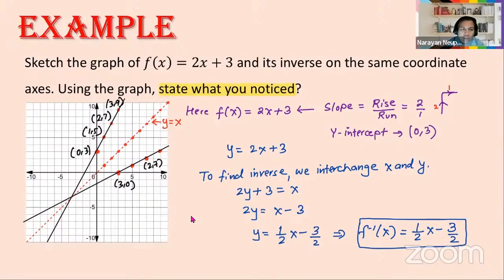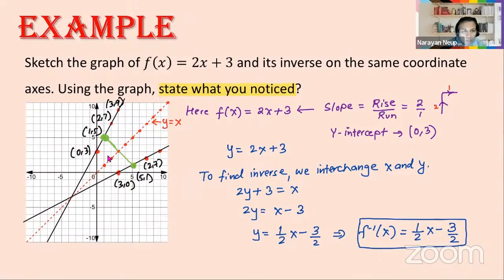Now, if you analyze one point, you don't need to analyze all. Let's take the point 1, 5. If I take 1, 5 and reflect that point about the red line, you will get this point over here, which is 5, 1.